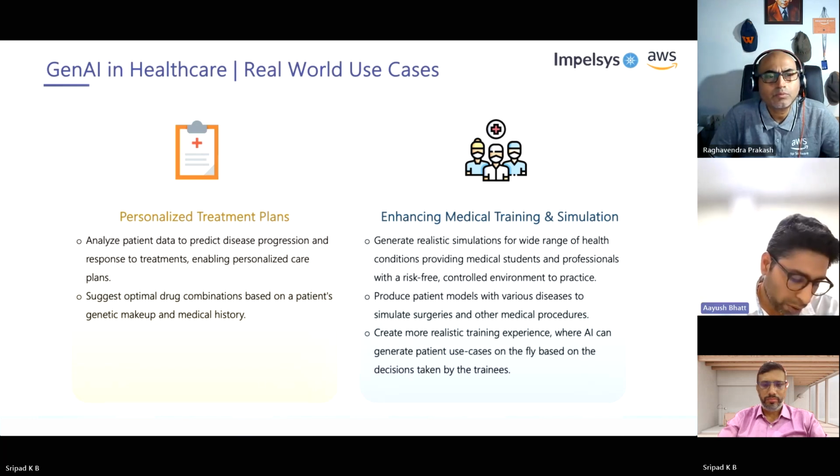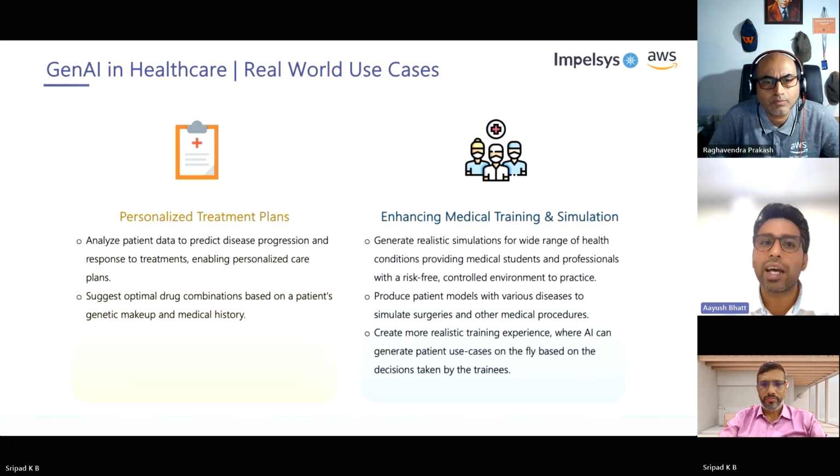Another one of the most important use cases is enhancement of medical training and simulation. And this is very important because Gen AI has the ability to create more realistic training simulations based on data sets which are emulating real world scenarios.